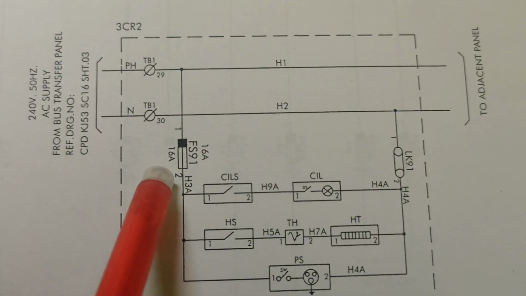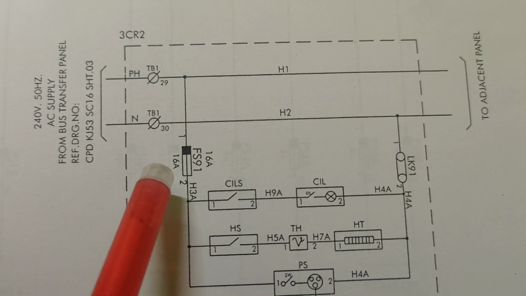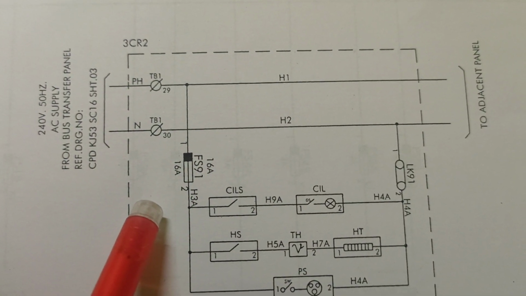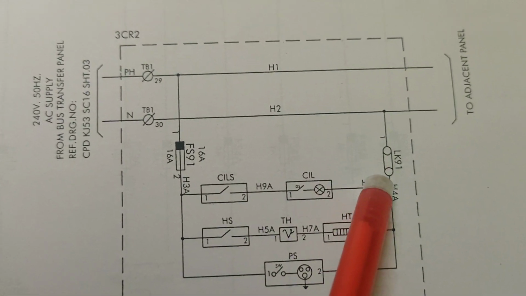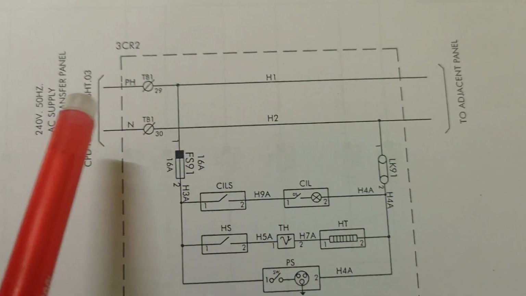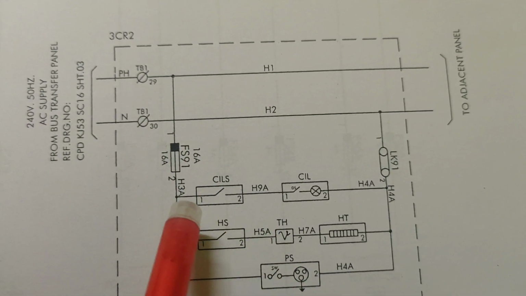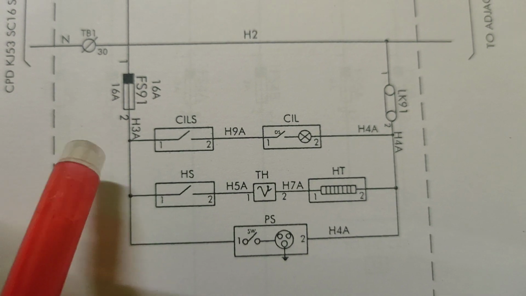A 16 ampere fuse FS91 is used for connecting the phase to the different apparatus, and a link LK91 is used for connecting to the neutral point. Here against CILS, what is CILS?